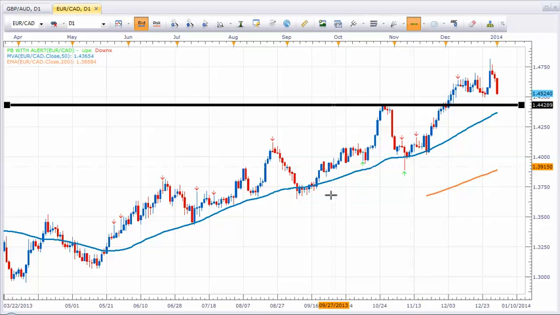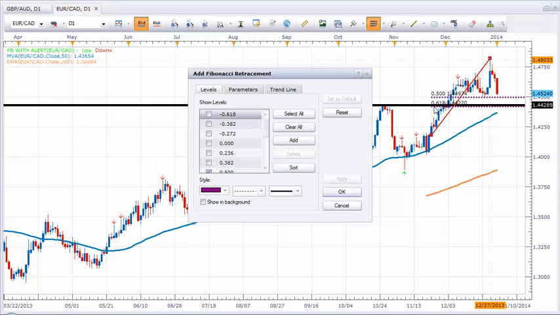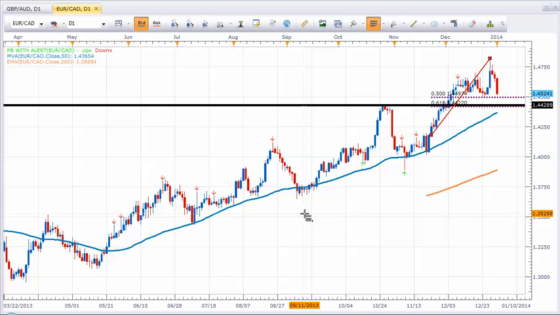Euro Canada. Okay. Let's see what Fibonacci tells us. So we're now basically at the 50% Fibonacci retracement level.